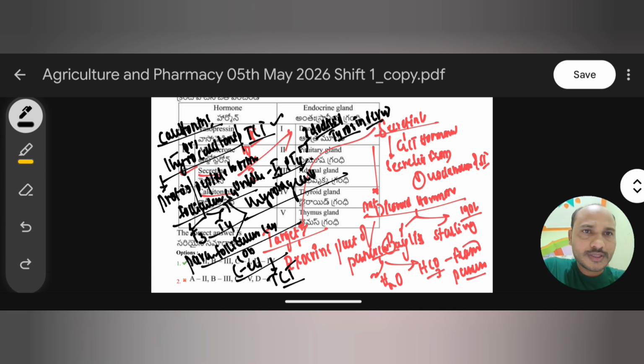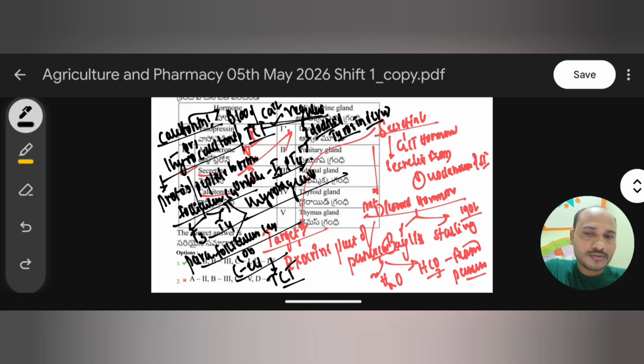The main role of calcitonin is to regulate blood calcium. Calcitonin is the blood calcium regulation hormone. In the name itself, calc means calcium in blood, so it maintains calcium regulation in the blood.